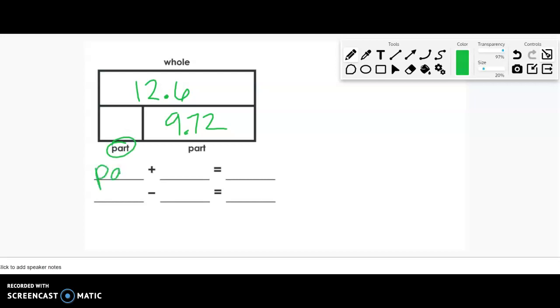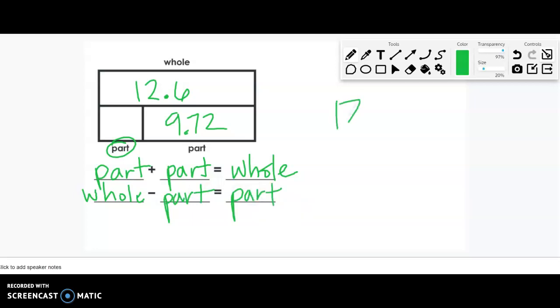Well, because I know part plus the other part equals the whole, I know that if I take the whole and subtract a part, I get the other part. So I could do 12 and 6/10 minus 9 and 72/100 to find my missing part.